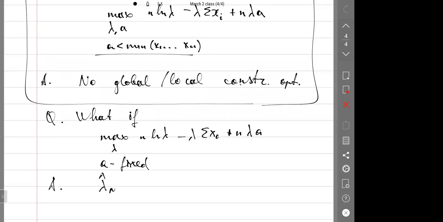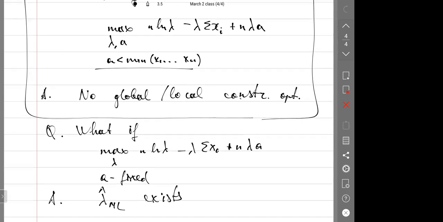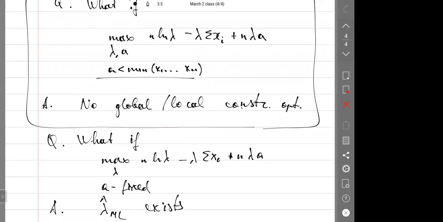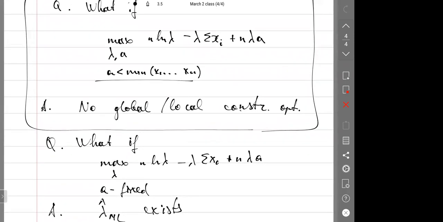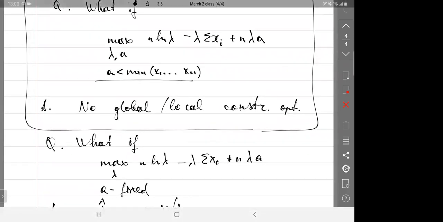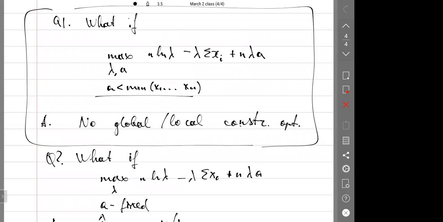For a fixed value of A, you can obviously find the maximum likelihood estimator for lambda. But in the case a little bit above, we cannot estimate lambda. So let's mark them Q1 and Q2.